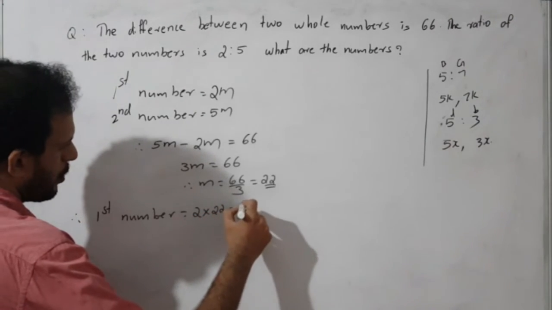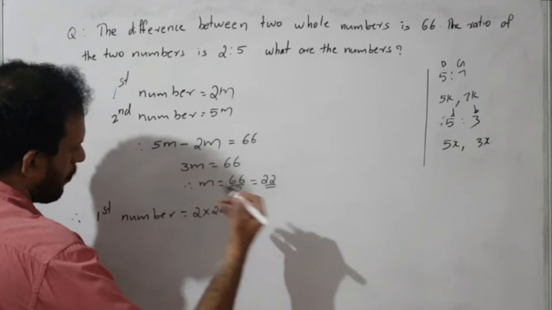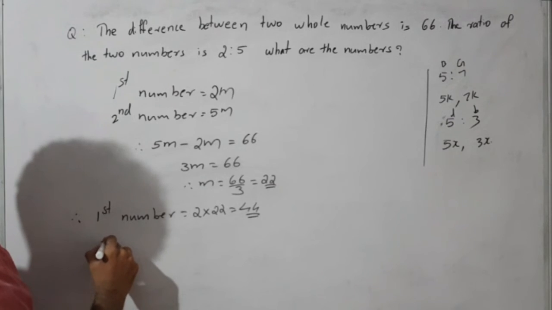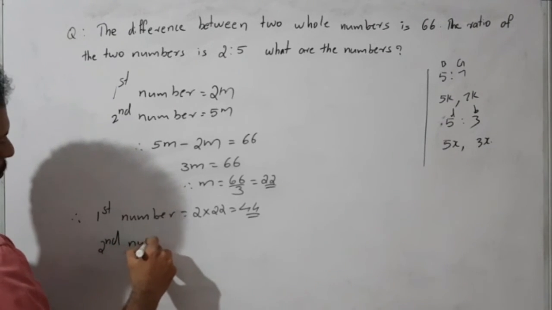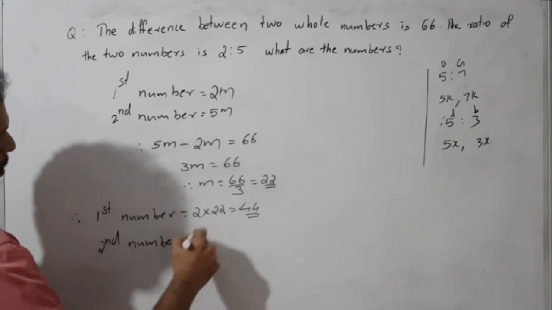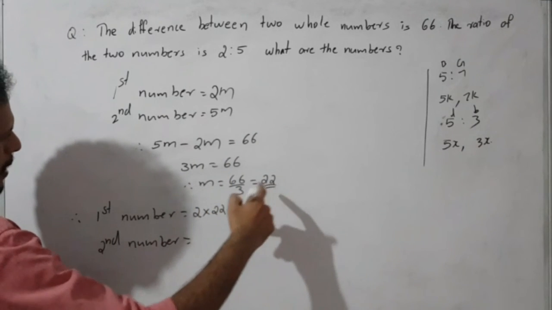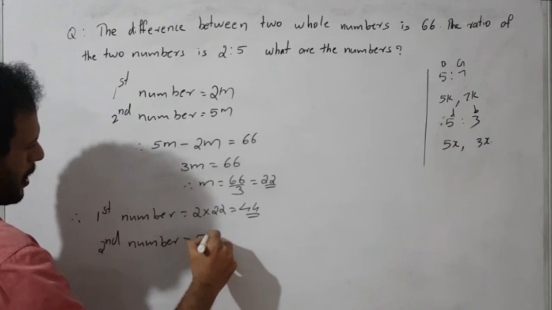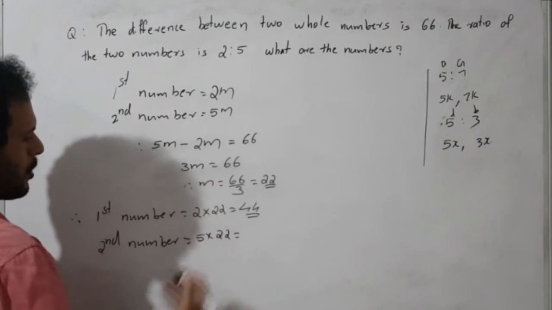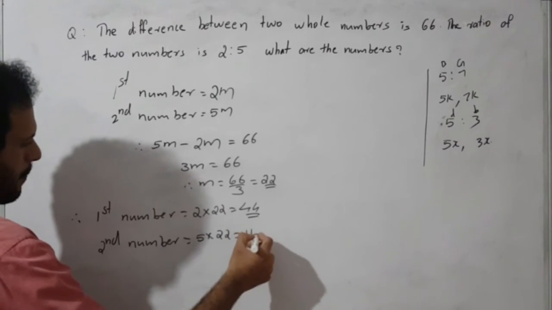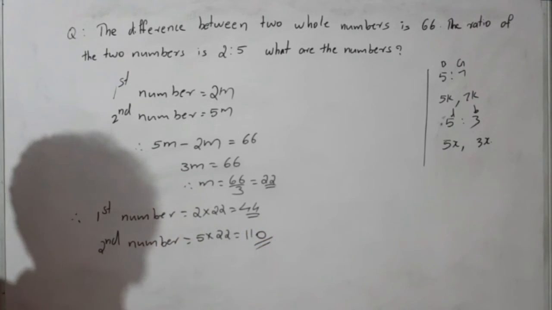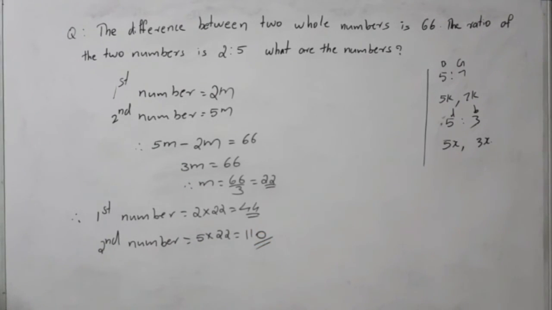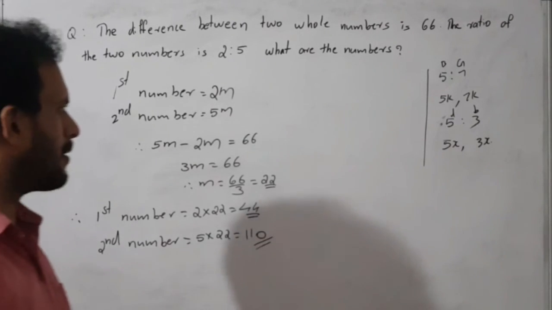What is 2 into 22? That is 44. What is the second number? Second number is equal to 5m, and m means 22. Then 5 into 22, what is 5 into 22? 110. So what are the numbers? The first number is 44 and the second number is 110.